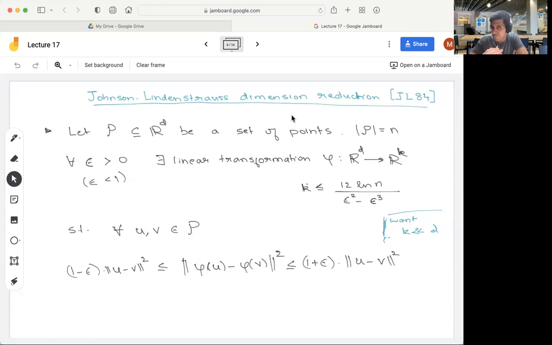So there is a linear map which maps points in R^d to R^k. So it's just a matrix. If we think of points in R^d as column vectors with d entries, this is just a matrix with k rows and d columns. And such that when you multiply every point by this matrix, you get new points in a smaller dimensional space, and the distances between any 2 points are roughly the same. Is the statement okay?